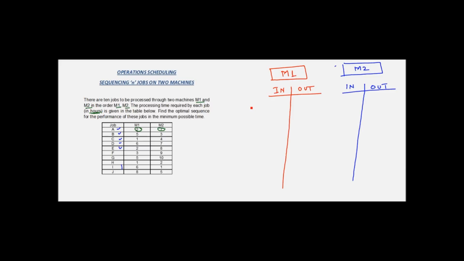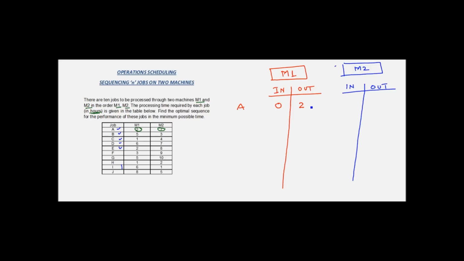Now let us first take job A. So A needs 2 hours to be processed on M1. So let's say it goes in at the 0th instance and it will take 2 hours to be processed on M1. So it comes out after 2 hours.